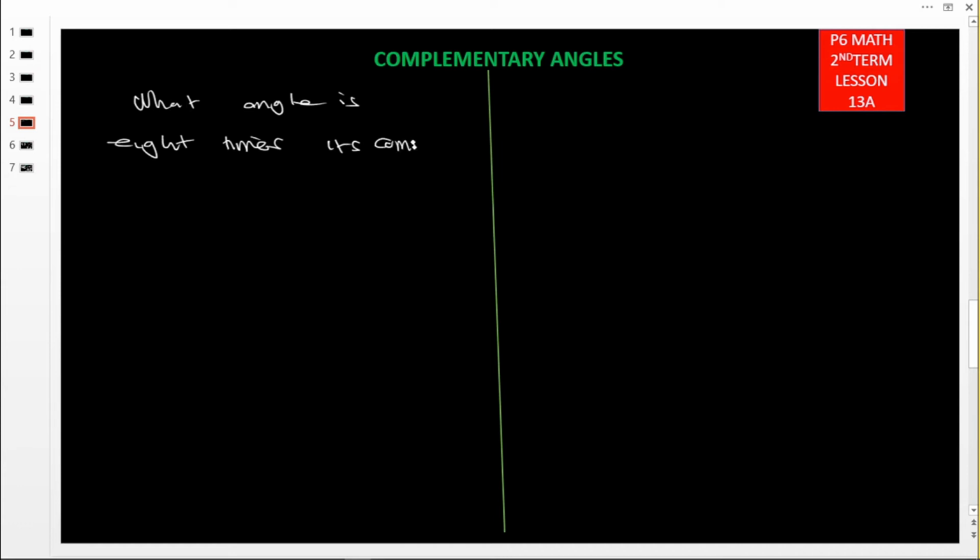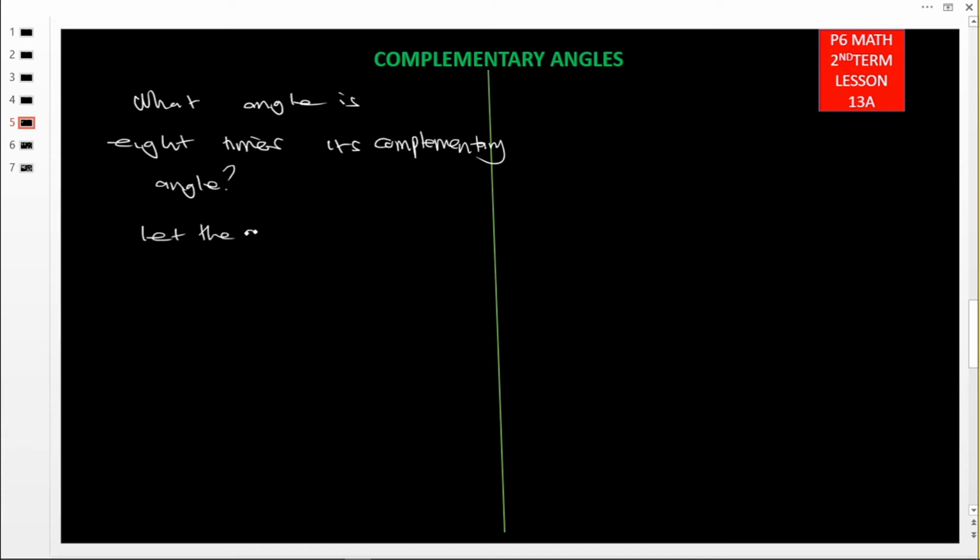Now here you have to understand the question. They're telling us, what angle is 8 times its complementary angle, meaning that we have to first get the angle, so we don't know the angle.